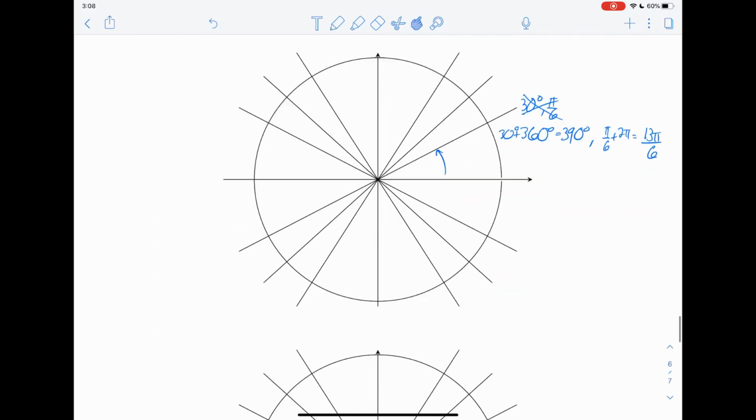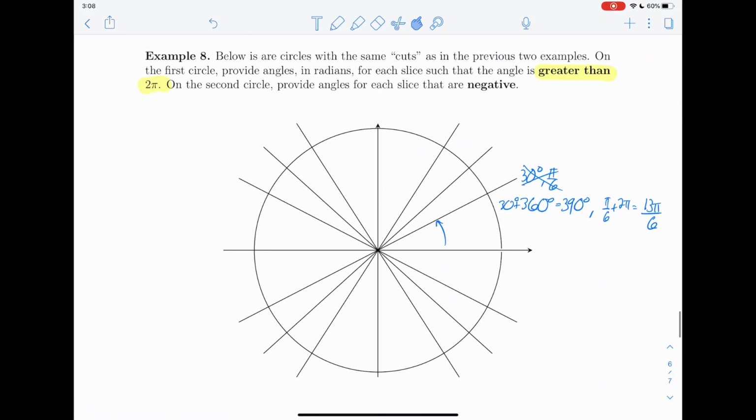On the second pie slice we have down here, I would like you to do the exact same thing, but instead with angles that are negative. Still coterminal, but negative.